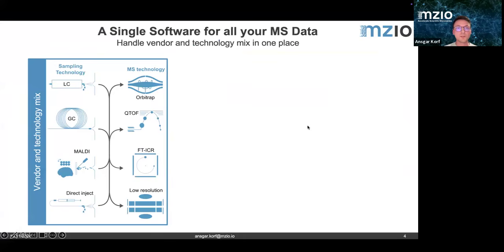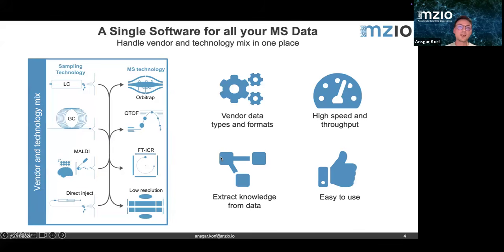So jumping into the topic, the whole goal of mzmine these days is to be one software to manage all these different data modalities in a single software. And we all know from our laboratories, we have this wild mix of different sampling technologies with different MS technologies and mass detectors.